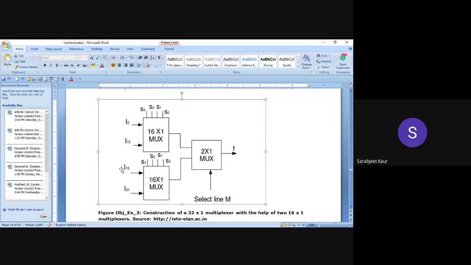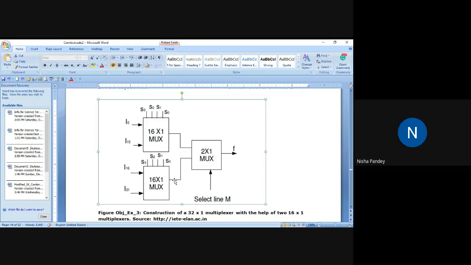Each of these multiplexers has its own 4 selection lines, and let us say their outputs are called O1 and O2. Any problem so far?